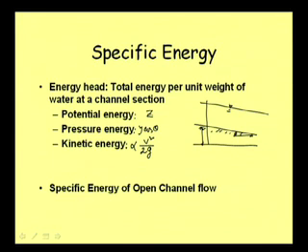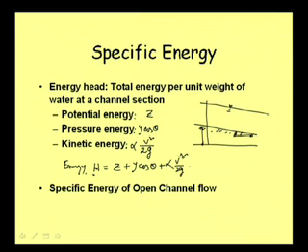So, if we sum up the total energy, it is normally written as H, indicating head. Sometimes we write E also, but in open channel flow we generally use the symbol H. That is, H equals Z plus y cos theta plus alpha V square by twice g.